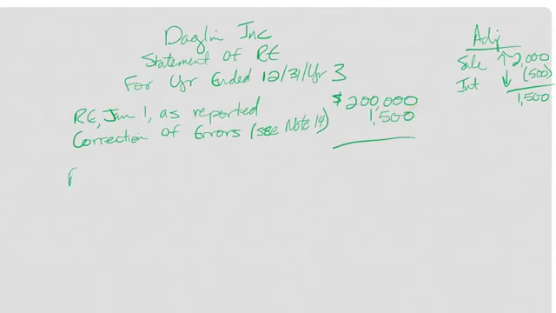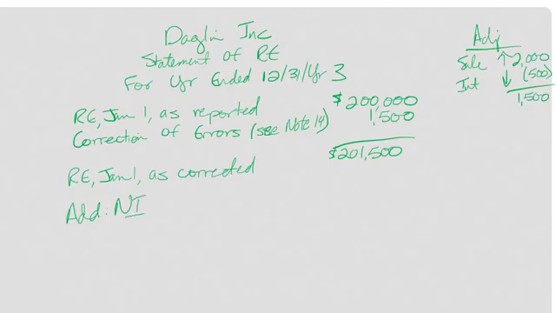So my retained earnings, January 1, as corrected this time instead of adjusted, would be $201,500. Next, I'm going to add net income and subtract dividends.